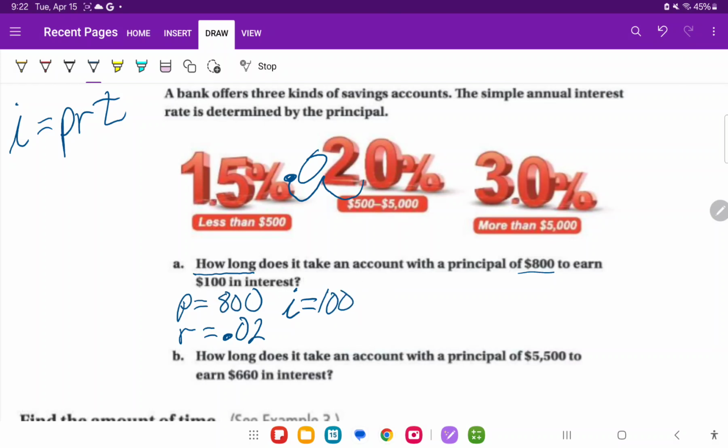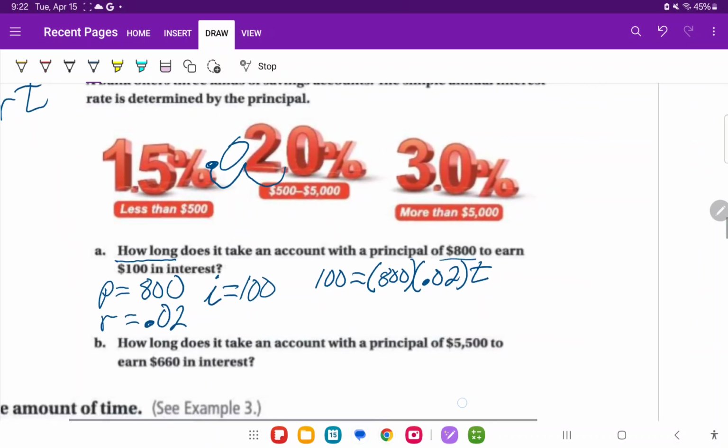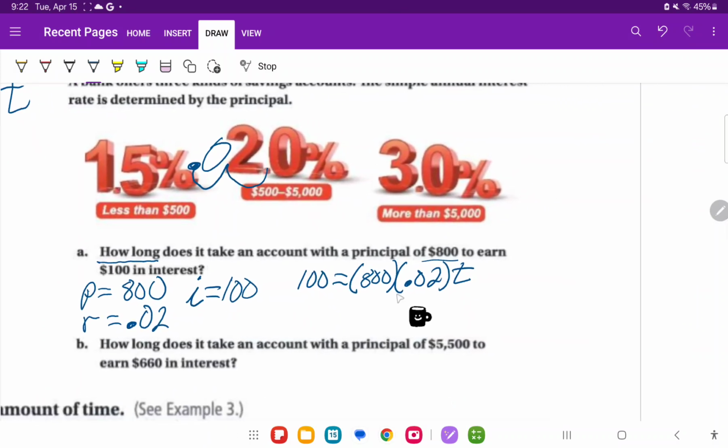Okay? So now I'm going to plug those 3 numbers into my formula. So the interest is equal to the principal times the rate times the time. And the time is what we're looking for. So the first thing to do is multiply together the things that you have.